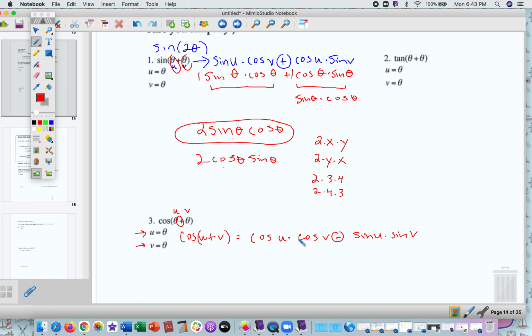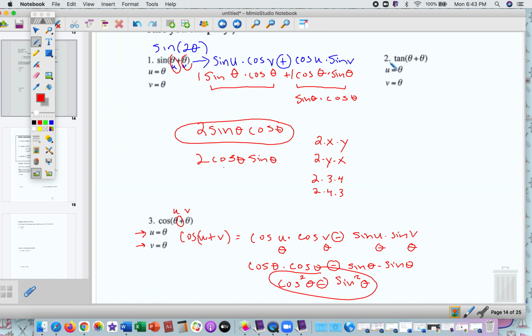And then from there we can replace the u's and v's with thetas. So we'll have cos theta times cos of theta minus sine theta times sine of theta. Cos times cos is cos squared, so we have cos squared theta minus sine times sine is sine squared theta.